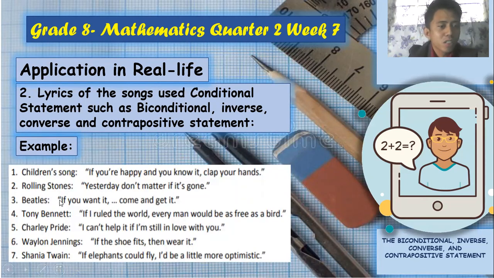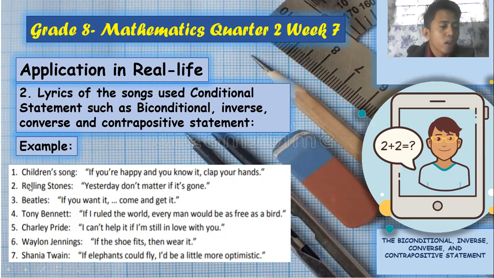Even that kind of children's song uses a conditional statement because we have the word if. There's no word then, but it implies then, because our if-then statement speaks of the hypothesis and the conclusion. The hypothesis is: if you're happy and you know it. Then follows our conclusion: clap your hands.